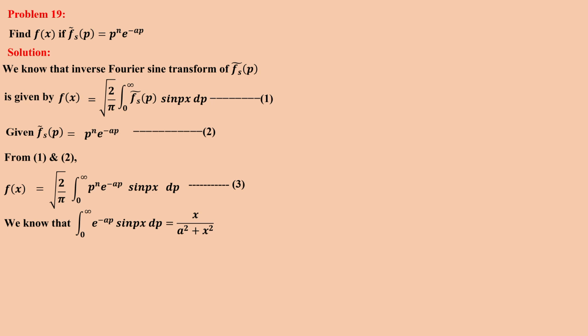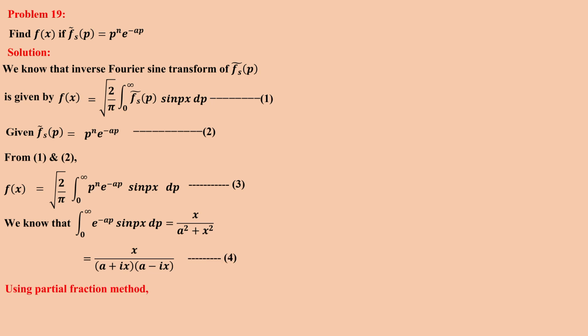So this can be written as x by a square plus x square, and the factor of a square plus x square is a plus ix into a minus ix. That is equation number 4.